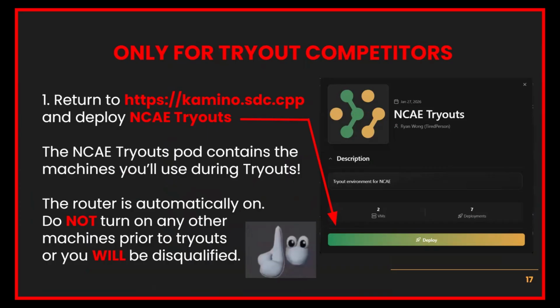Once you're at home, go back to Domino with the VPN and deploy the official NCAE tryouts template. The router is on. It's out of scope, so don't touch the router. And do not turn on any of the machines before the tryouts, or else you will be disqualified. So please take heed to that.